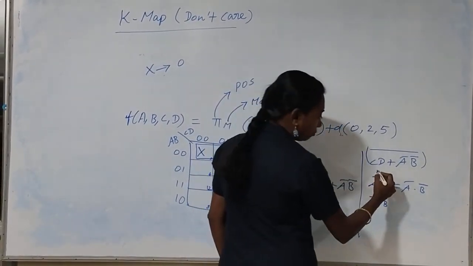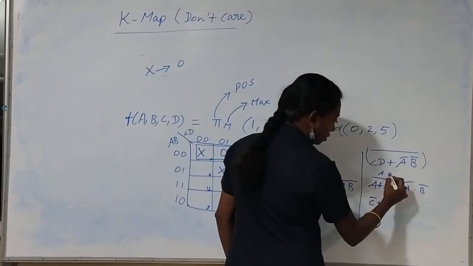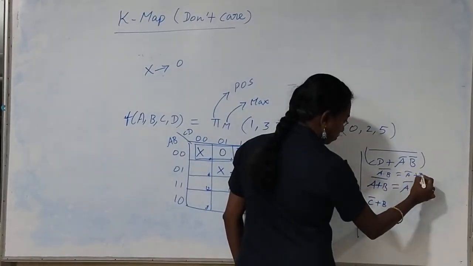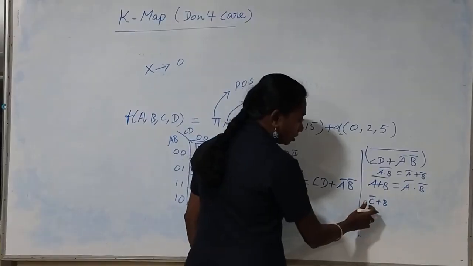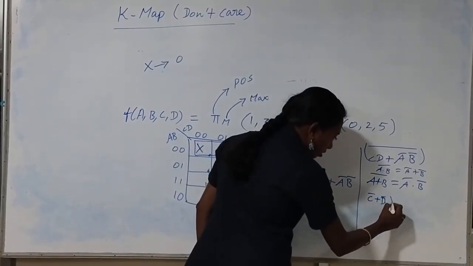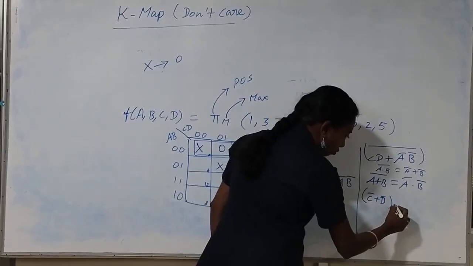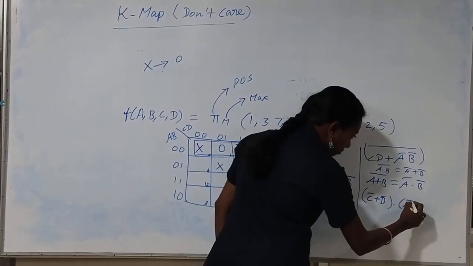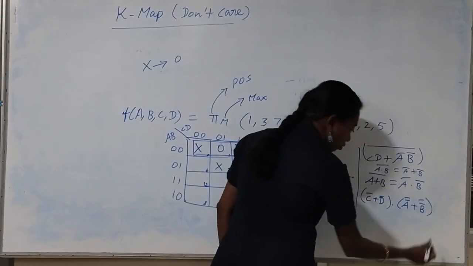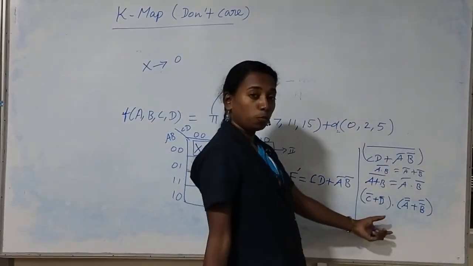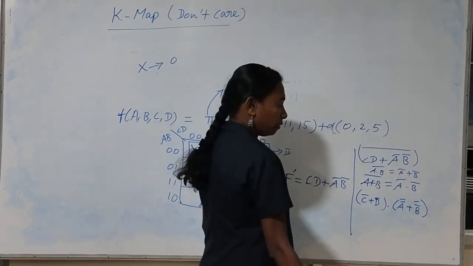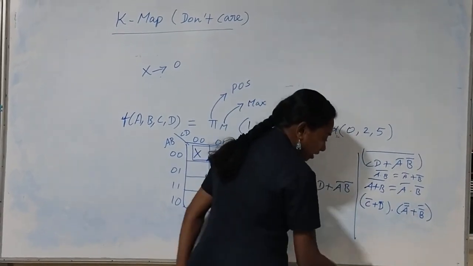Here I am writing another formula as well. So A dot B, the whole complement is equal to A complement plus B complement. Okay. So now C complement plus D complement dot product of A complement complement plus B double complement. So by using the Boolean law of reduction, we know that the double complement value will be equal to the same exact variable.